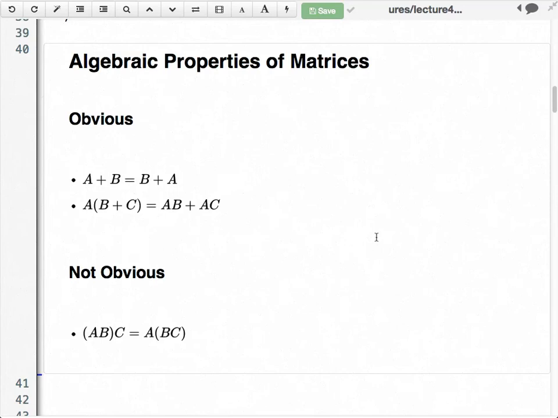And so when you multiply A by the sum, you get each of the rows dotted with this column where the entries in the column are the sum.